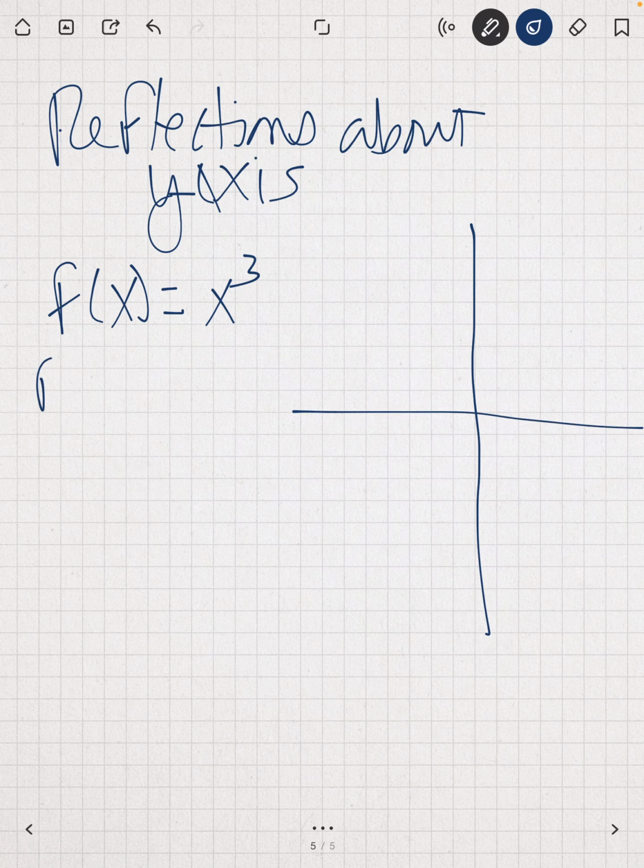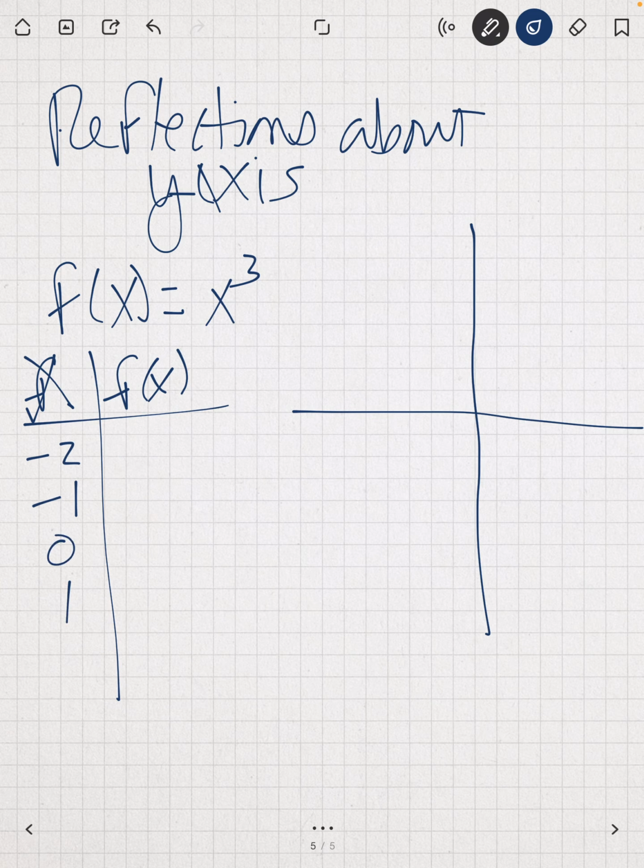So graph this, x and f of x. Negative 2, negative 1, 0, 1, 2. Negative 2 cubed is negative 8. Negative 1, 0, 1, 8. So if I put those points, 2, 3, 4, 5, 6, 7, 8.